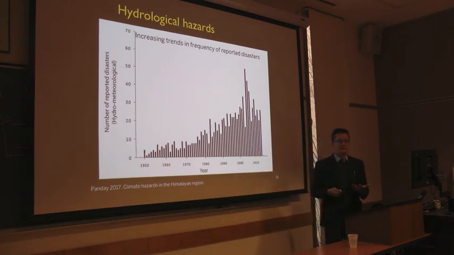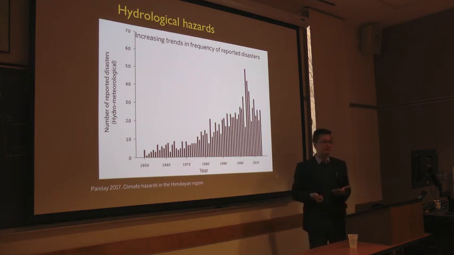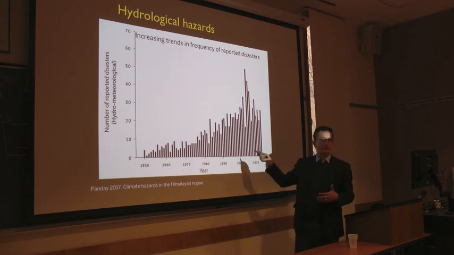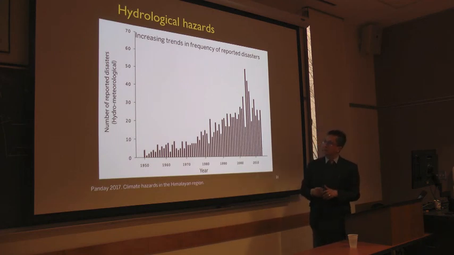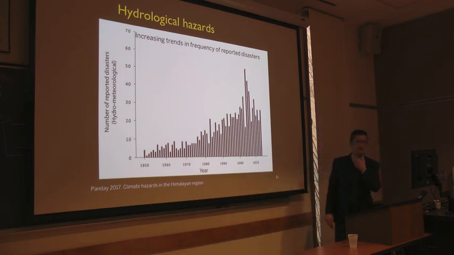We certainly see a positive trend as we come closer to the last 10, 15 years. Certainly there's a bias in reporting: we're recording more events as we come closer to the present, so that bias has to be kept in mind. But nonetheless, this is the trend the database shows, based on what was reported and recorded.